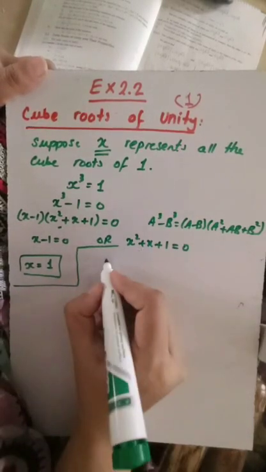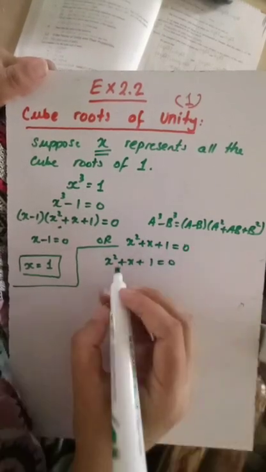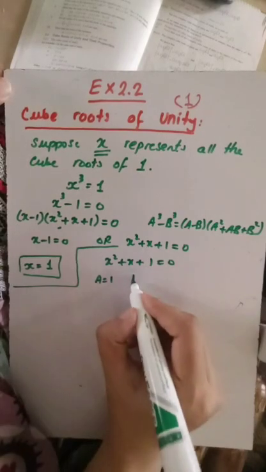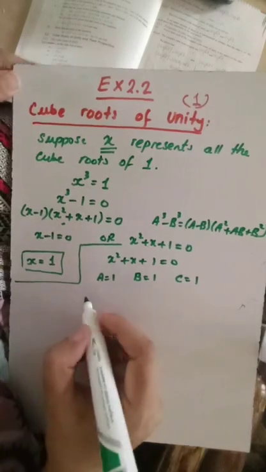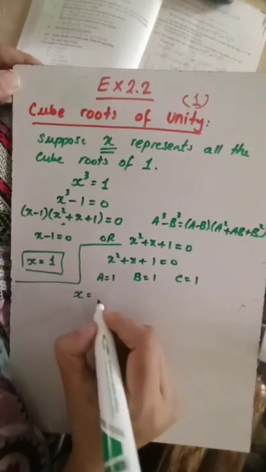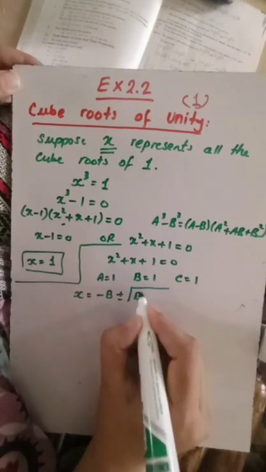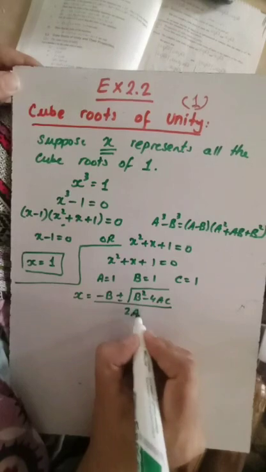So taking this equation, a is equal to 1, b is equal to 1 and c is equal to 1. Using the quadratic formula, the value of x will be negative b plus minus under root b square minus 4ac over 2a.